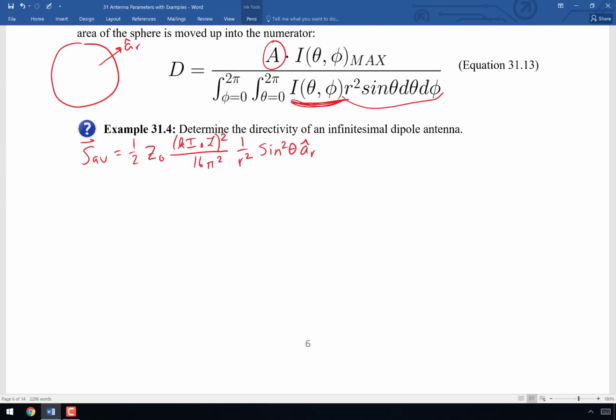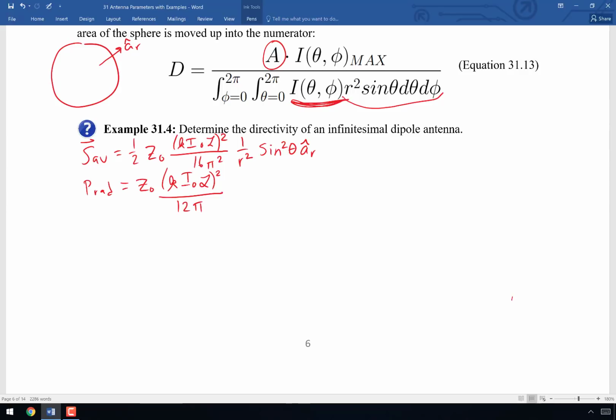We can also say the radiated power, which we found in the lesson where we introduced the infinitesimal dipole, is equal to Z sub 0 times k (I sub 0 L) squared, divided by 12 pi.